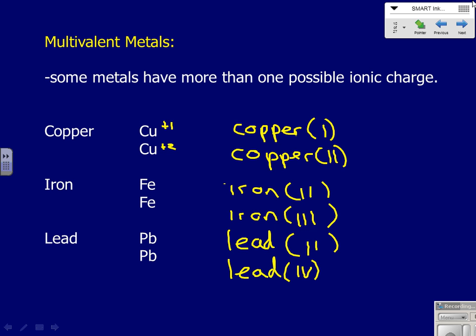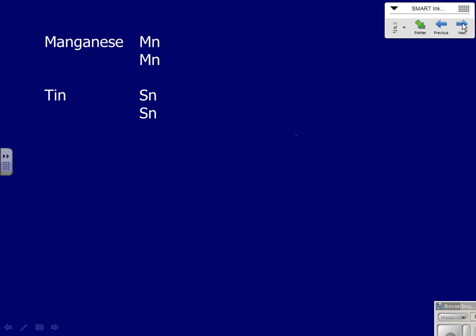You'll learn this next year. I teach it in grade 11. This is sometimes called cuprous and cupric, and this is ferrous and ferric, and this is plumbous and plumbic. So it uses the Latin names. You're not going to worry about that this year, but you'll see that next year. It's kind of neat. It's called the classical naming system.